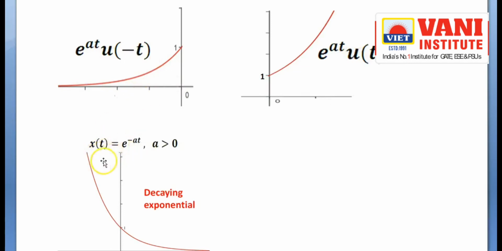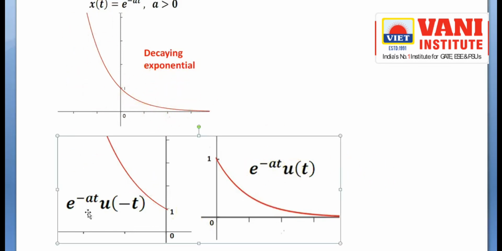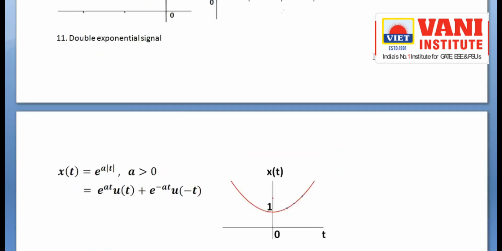Next one is a decaying exponential, e power minus at. It's decaying with respect to time. If we take this side, multiply with u of t. If we take this side, multiply with u of minus t. Next one is a double exponential. Here e power a mod t will be like this.